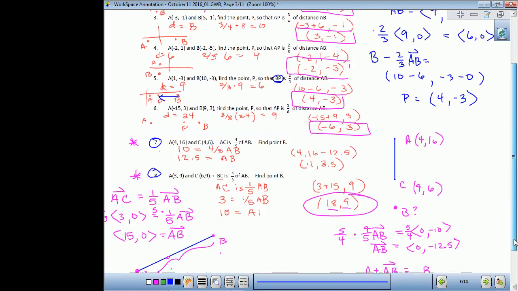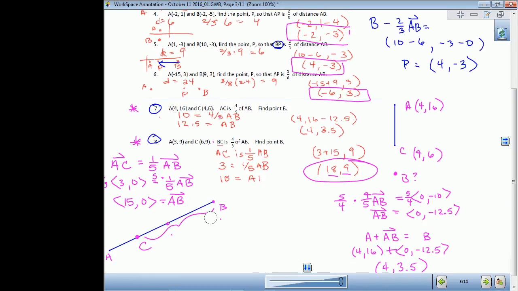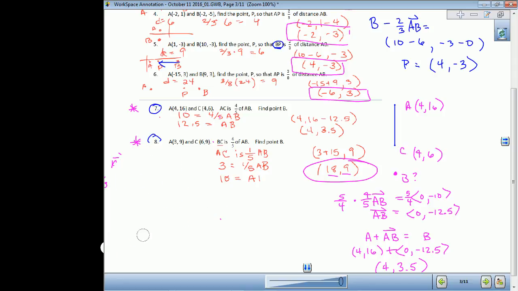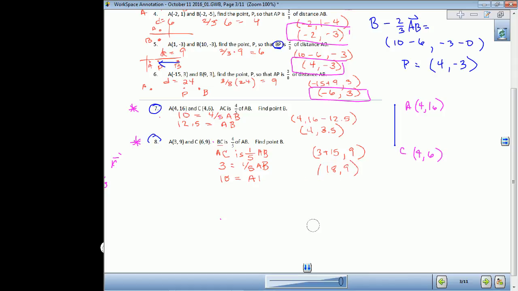Now, what I'd like to do is go over number 7 and then have you retry number 8. Number 7 is interesting because what we're missing is point B that's somewhere down here.